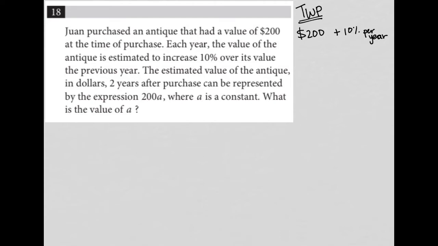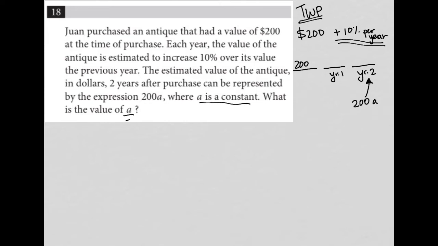All right, so I'm going to say, hey, at the beginning, we're at 200. Year 1, we have a value. Year 2, we have another value that I can find just by doing this plus 10% per year thing. But the question is saying that the expression that represents that value is 200A. All right, so where A is a constant, got it.